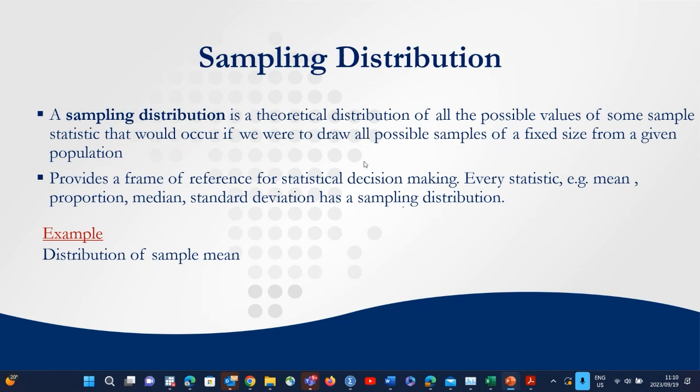So if we're using the mean as an example, we are talking about all the possible averages, meaning that these averages are coming from a fixed population.